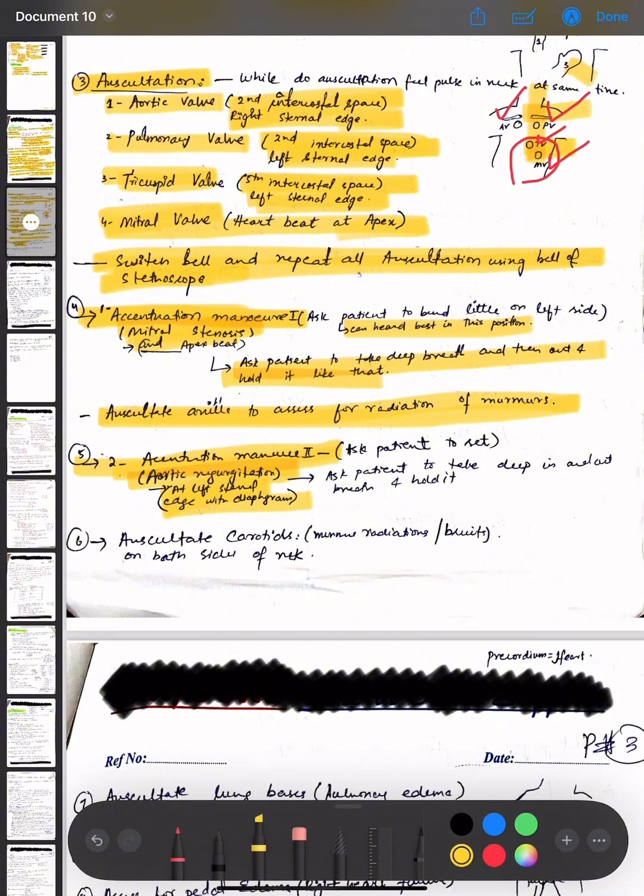If aortic regurgitation is present, then the findings will be present there. After this, auscultate the carotids, that is, for murmurs, radiations or bruits on both sides of the neck. We have to auscultate that.